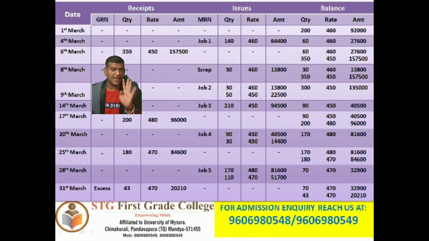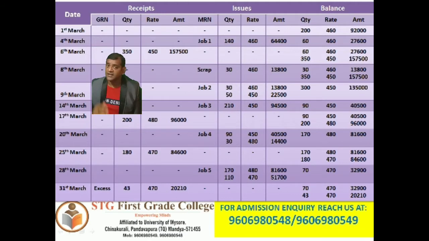Under receipts we will have 4 sub columns: GRN, quantity, rate, and amount. Under issues we will have 4 columns: MRN, quantity, rate, and amount. And under balance we will have quantity, rate, and amount. These are the sub columns which will come under the table.